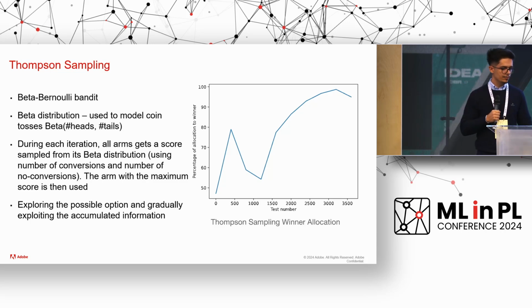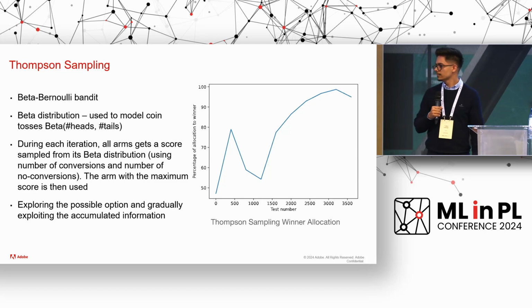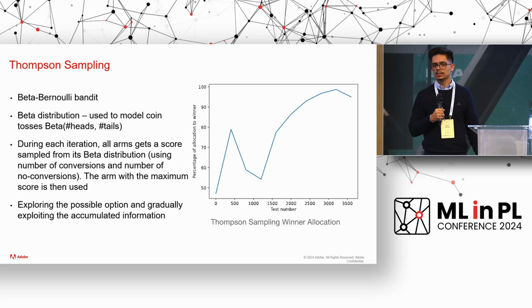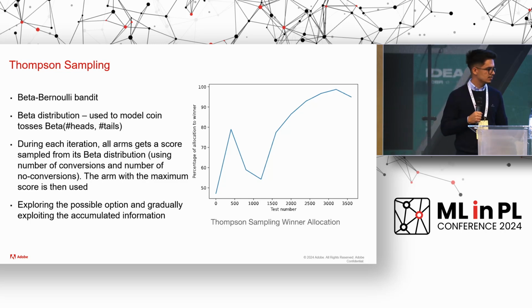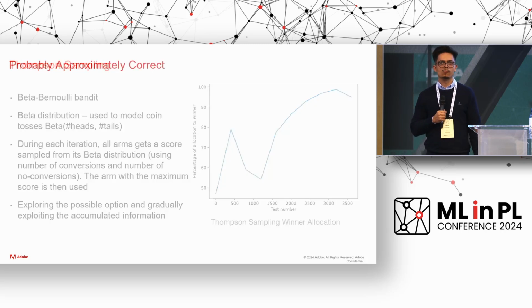So if one arm performed best for a long time, and now it no longer performs, and there's a different arm that is the best, it will be less favored than the one that has built up history. So in case you want to implement this, I'd recommend resetting the information one way or another. We also don't want to reset it completely, because all of the history would be lost.